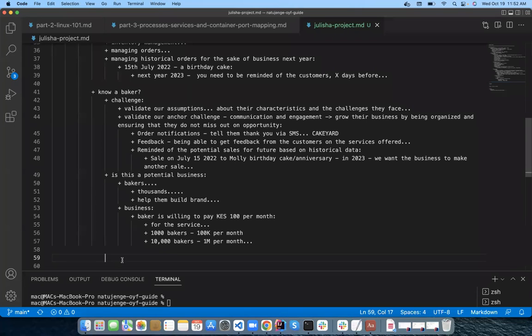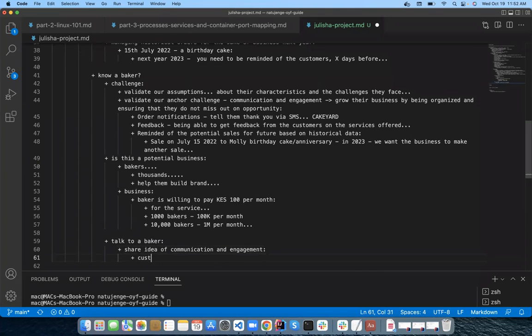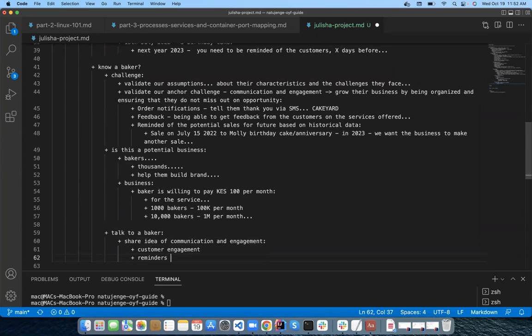So the question is, as you go and talk to the baker, because we need to get feedback from you, talk to a baker, share the idea of communication and engagement, the element of the customer engagement, reminders to the baker.